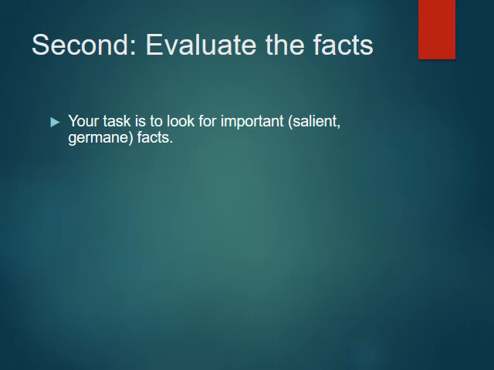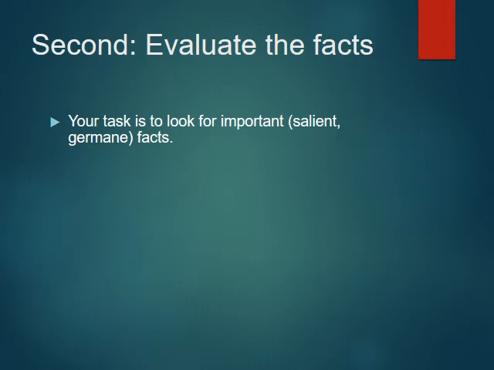They may be called salient, germane, whatever. It all means the same thing. These facts are important. Why are they important? Because you're going to use them in your legal analysis for the question. That's why it's useful to read the call of the question first so that you have an angle, more or less, on what you'll be answering. I'll give you an example of how that changes the whole question when we're done with the substantive slides here.